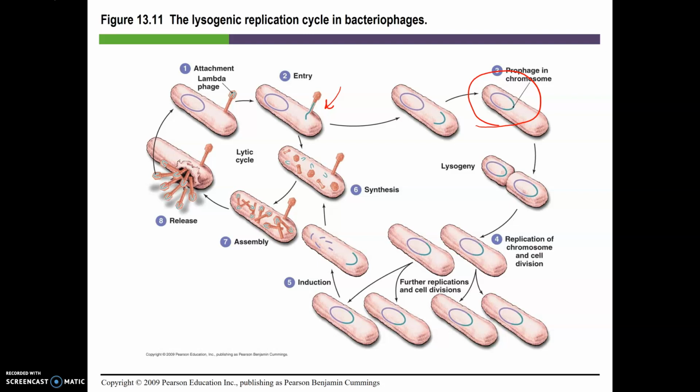And then there'll be some sort of event that's called induction. Sometimes it might be a stress or something that encourages that phage to emerge from the chromosome and then enter into that lytic cycle and complete that infection for that particular cell.